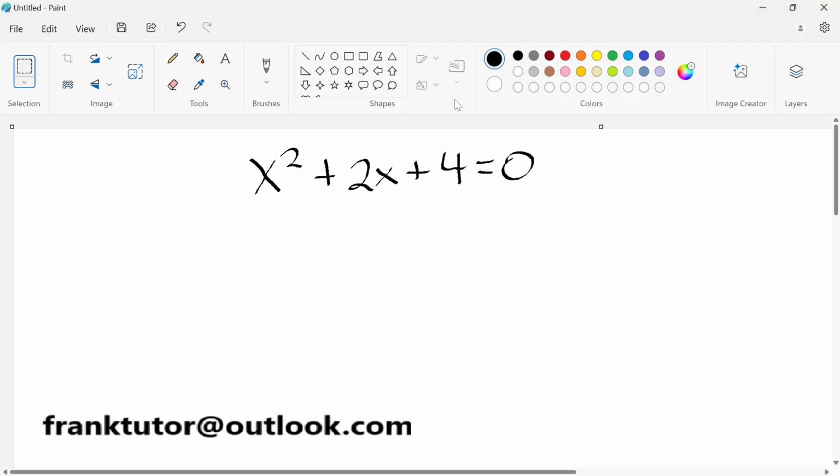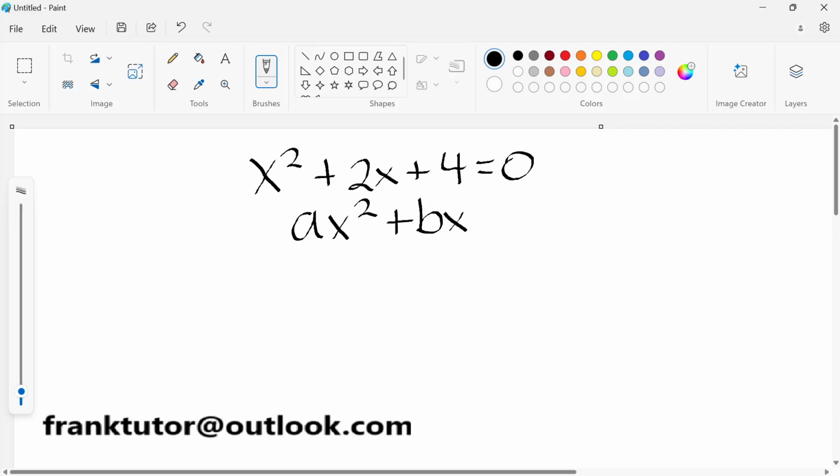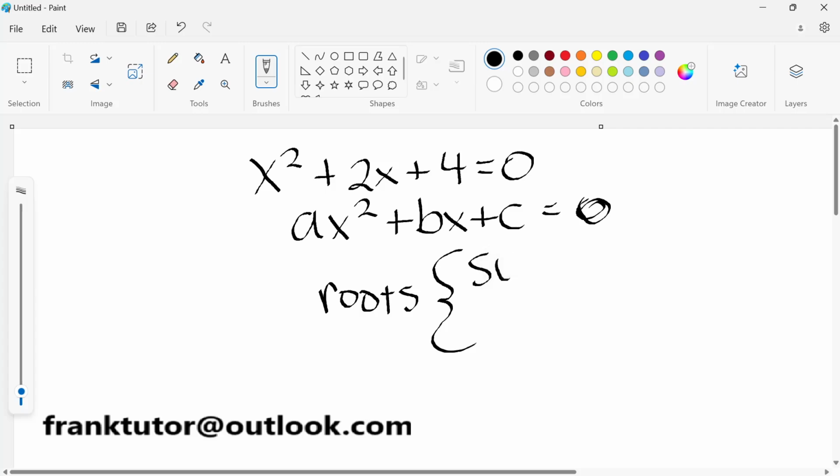But anyway, how do I find the sum of the roots and the product of the roots? Well, whenever something is in the form of ax squared plus bx plus c, to find the sum of the roots, it's negative b over a.